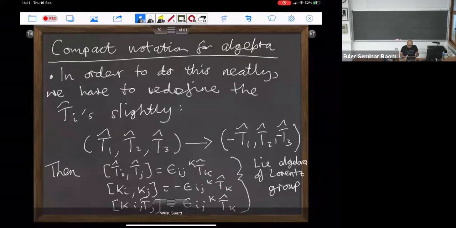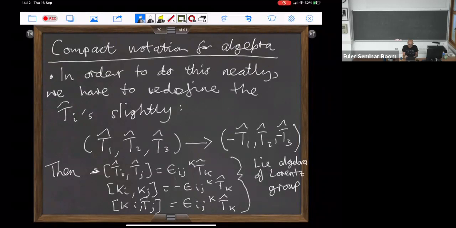At least in the form that I had derived them with, I wasn't able to find a simple compact form to write it down. But if you make this slight redefinition of the generators, the T's still satisfy the SO3 algebra, and the other commutation relations can be written in a much nicer form, and all of them use the epsilon symbol, epsilon ijk.